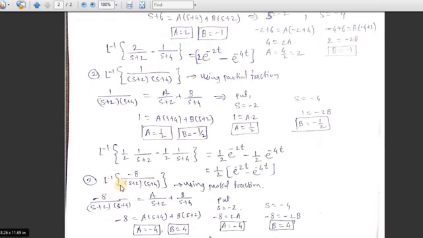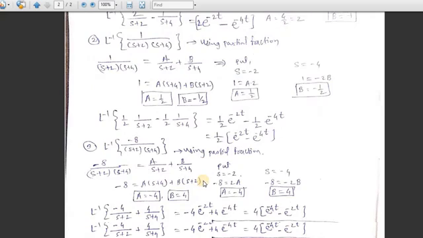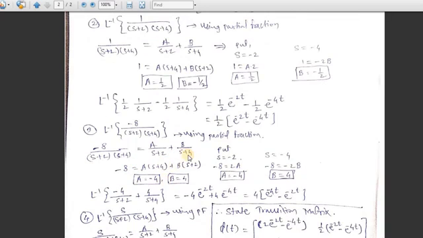Likewise, we have to find out the Laplace inverse of the third element. Again, we represent it in terms of partial fractions, and we can get its inverse very easily: A by (s+2) plus B by (s+4). If I put s equals minus 2 and s equals minus 4, we can get A is minus 4 and B is 4.